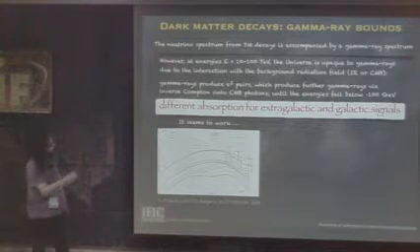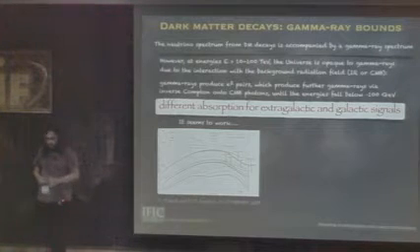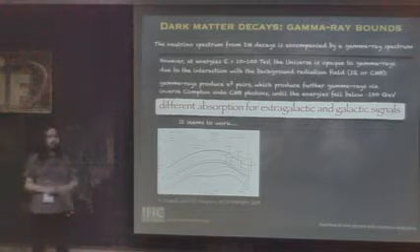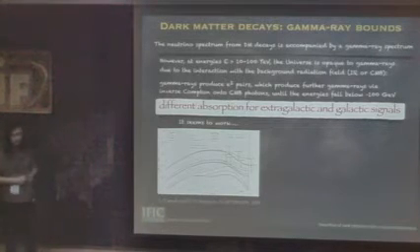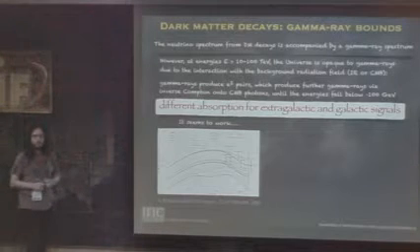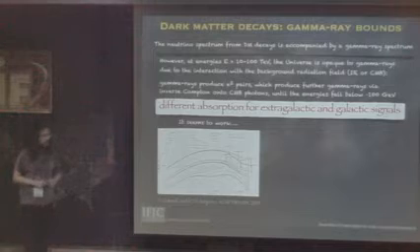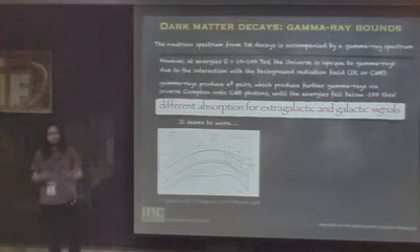What happens is that we are talking about dark matter masses in the PeV range, and we know that the universe is not transparent to photons with energies between 10 and 100 TeV, because photons at those energies interact with the infrared background and the CMB and produce e plus e minus pairs.